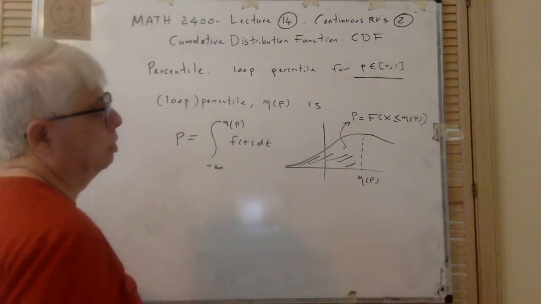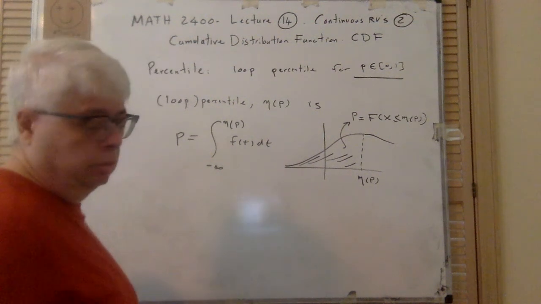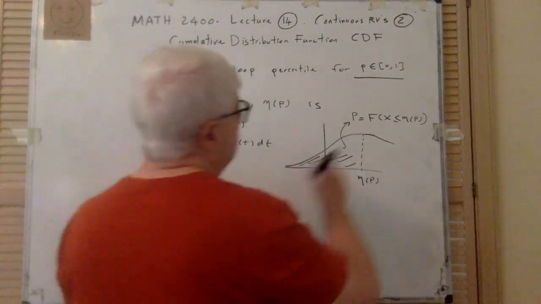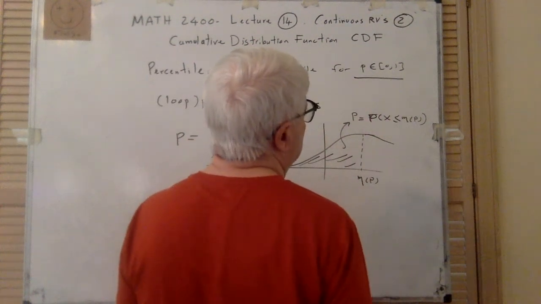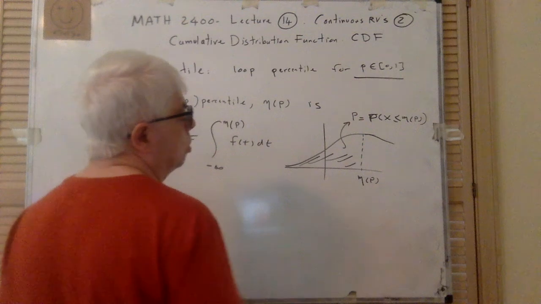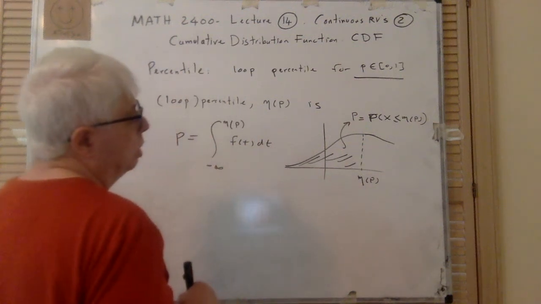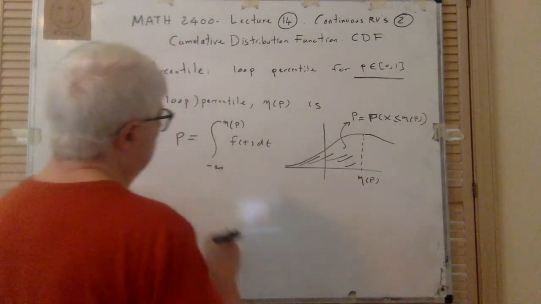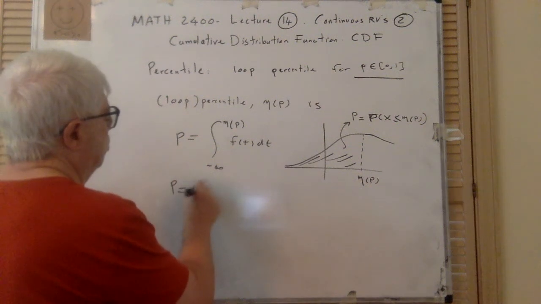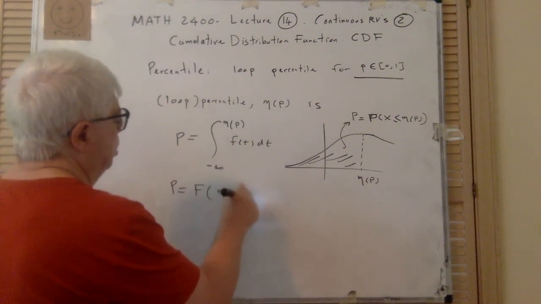So the probability that X is less than or equal to this number is p. So p is in fact F of eta of p.